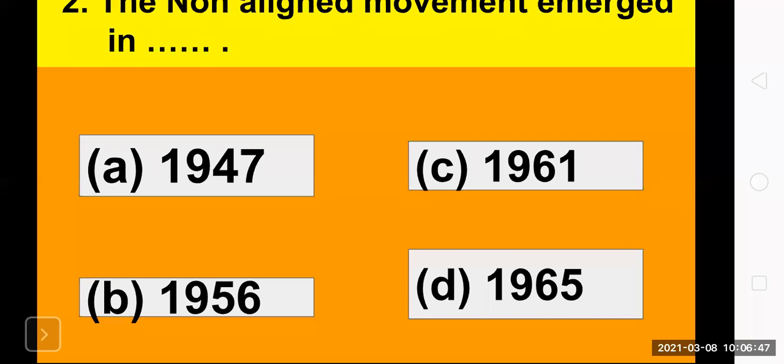Next one: the non-aligned movement emerged in. Was it 1947, 1956, 1961 or 1965?